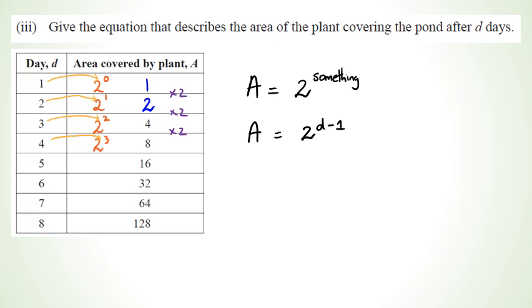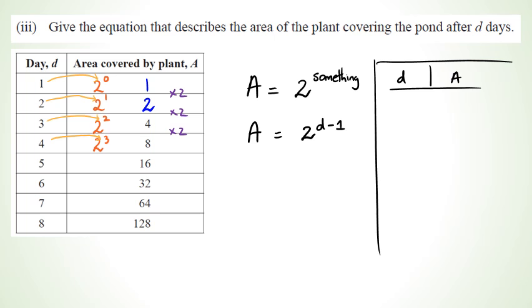The other way you could have done it is, let me just see. Say for example, you've got d as 1, 2, 3, 4. Now a in this case is 1, 2, 4, and 8.